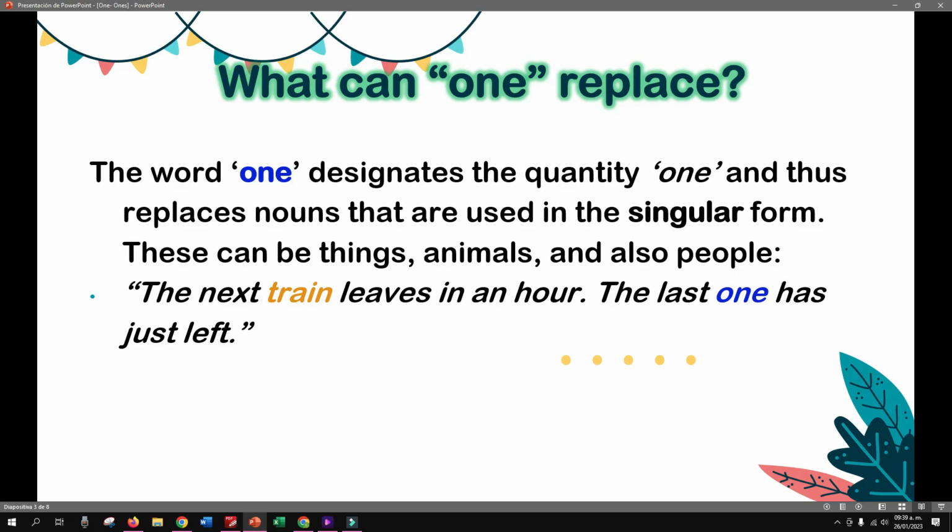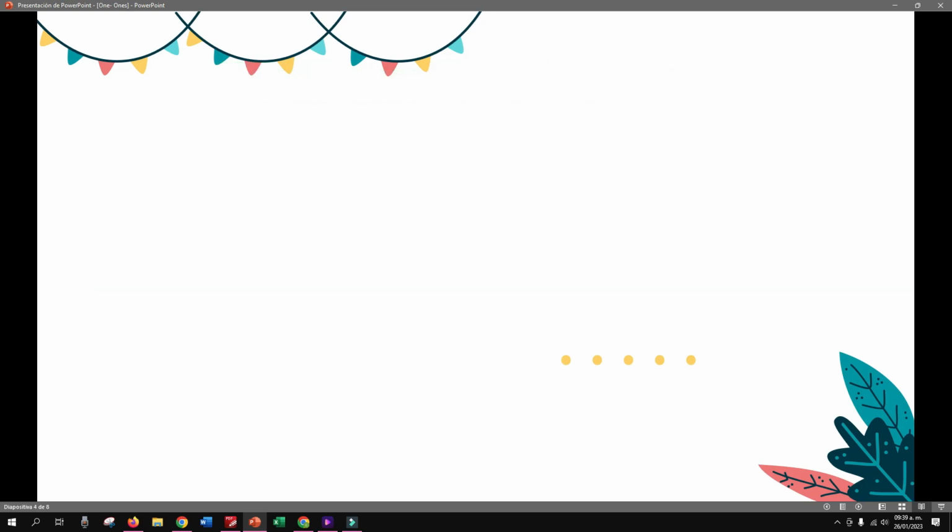About the train, right? So the last one has just left. So with one, you are replacing what? The noun train. Yes? And you're talking about one train. That's why you're going to use the pronoun one, right? So the next train leaves in an hour. The last one, instead of saying the last train again, right, you're going to use the word one. So the last one has just left. Okay, perfect.